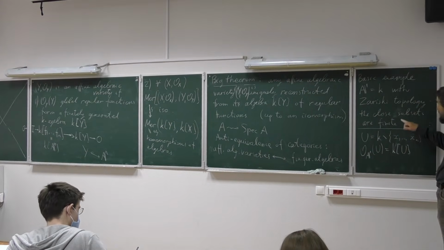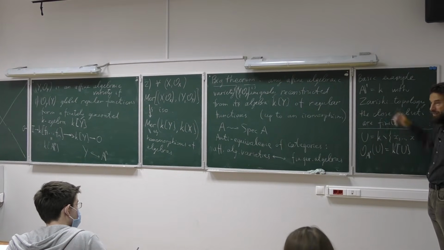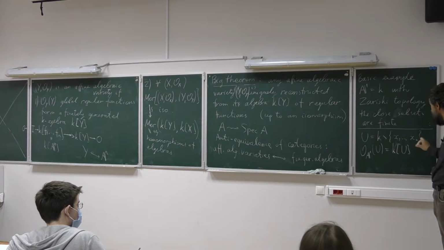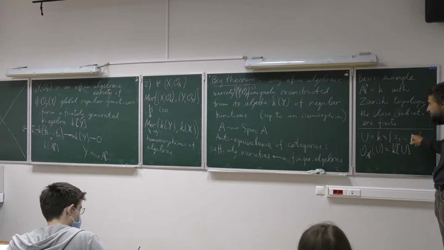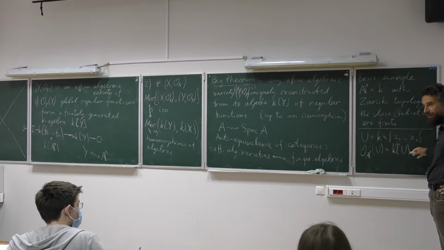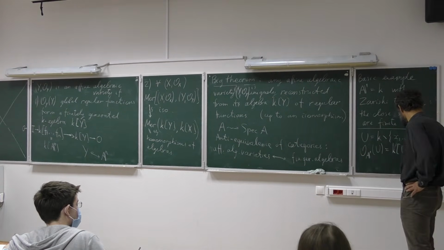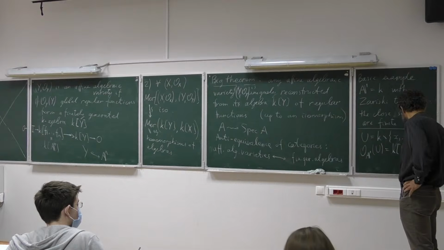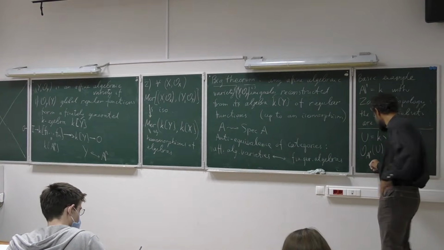Well, they're just rational functions on this line with possible poles in these bad points. So they're regular away from these points, but may have poles at these points. Okay, so these are functions.